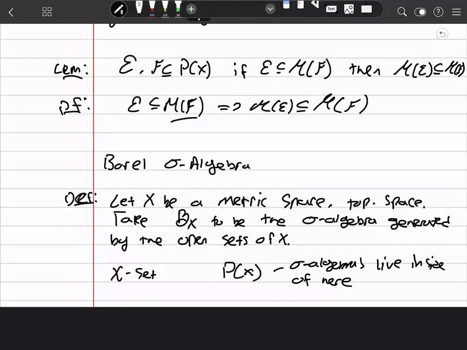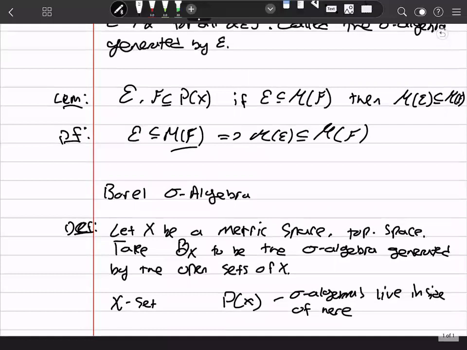So we look at sigma algebras that contain all of our open sets, and every sigma algebra that contains every single one of our open sets, we intersect them, and we get the sigma algebra generated by the open sets. And we say that an element in B_X is a Borel set.